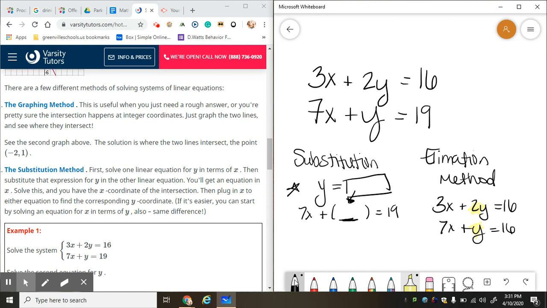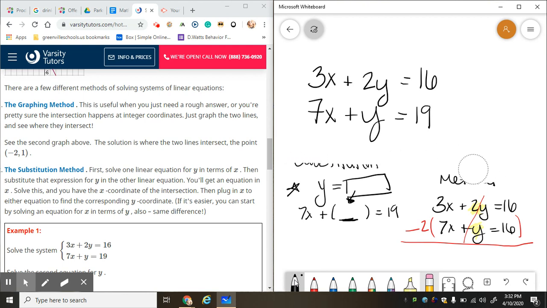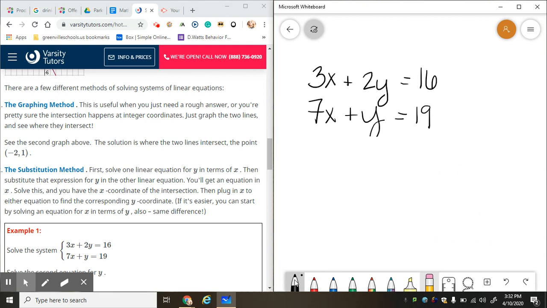I would get the y's the same. To get y to equal 2y, I would multiply this second set by 2. And then I would subtract them, and that would cancel the 2 y's out. Again, I'll show you both ways. The first thing I'm going to show you is the graphing method, then the substitution, and then elimination. So let me get DESMOS up.